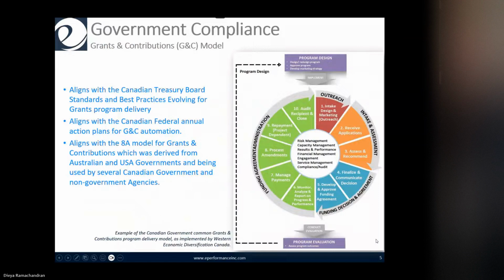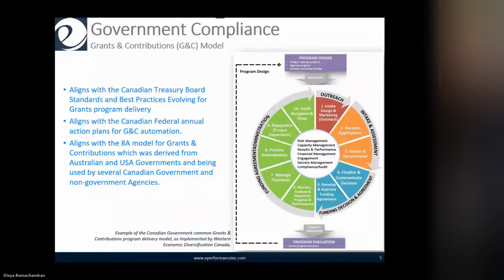Something important to note here is, as I said before, it's designed for the Canadian government. So we align with the Treasury Board models and standards for grants management. We've had a seat at the table with Treasury Board with their data model, et cetera, and worked with them on making sure that we align. What you can see is an illustration of an example of one of the departments that we've worked with and one of their delivery models. This was Western Economic Diversification Canada.